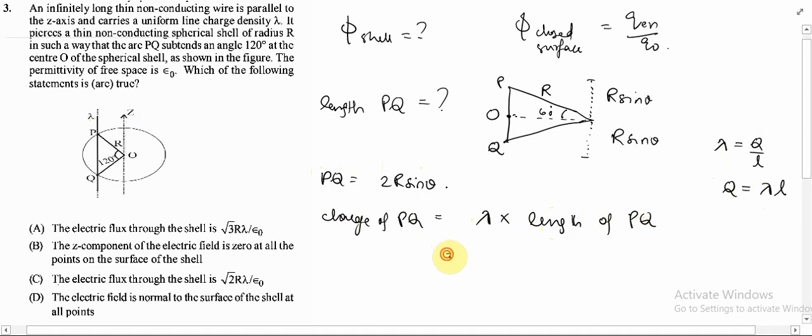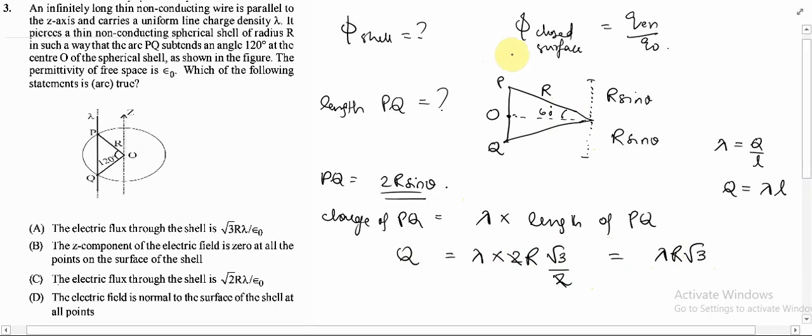We have already found the length of PQ, that is 2r sin theta. So the charge of PQ will be Q is equal to lambda into 2r into sin theta. What is the theta here? Theta is 60 degrees, so sin theta will be root 3 divided by 2. The 2 and 2 get cancelled, so our charge will be lambda r root 3.